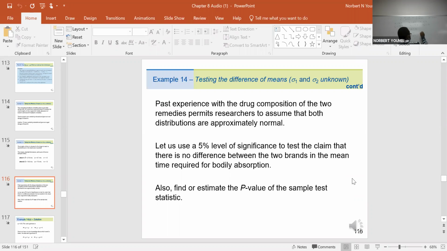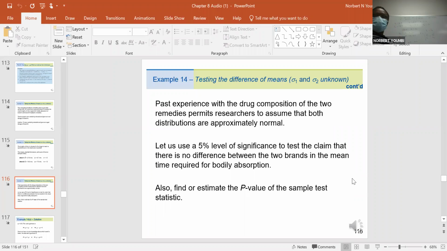The test value will be T equals x1 bar minus x2 bar over the square root of s1 squared over n1 plus s2 squared over n2. So we'll have T equals 21.6 minus 18.9 divided by the square root of 8.7 squared over 12 plus 7.5 squared over 12.